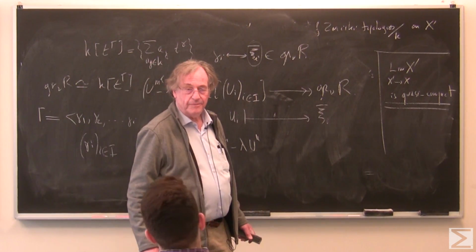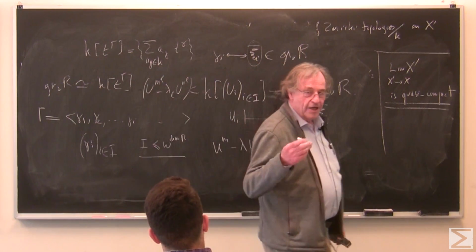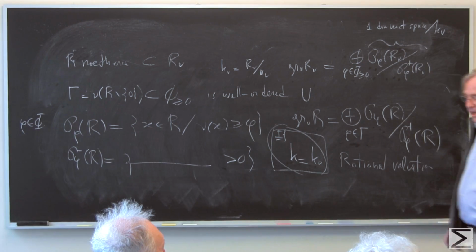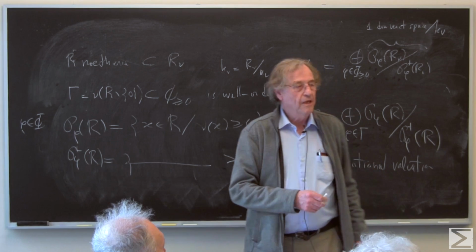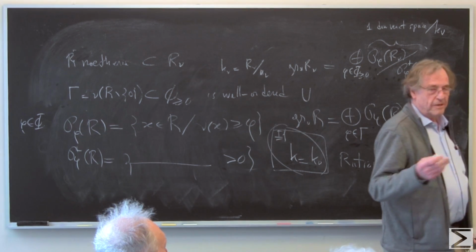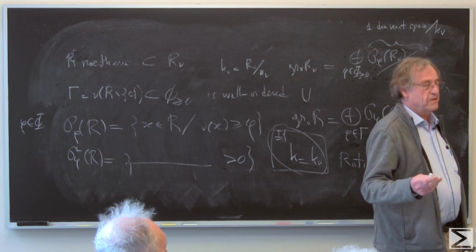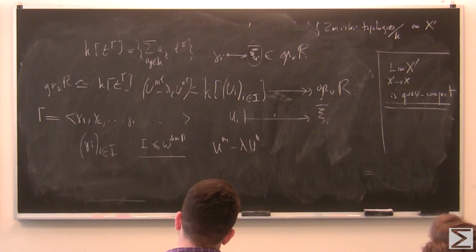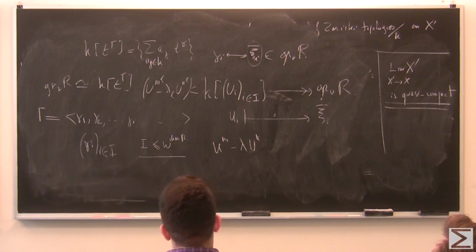Toric varieties. So to a rational valuation, we have associated a generalized toric variety. I say generalized because usually toric varieties live in finite dimensional spaces, and this one does not in general. But we are guided by that.